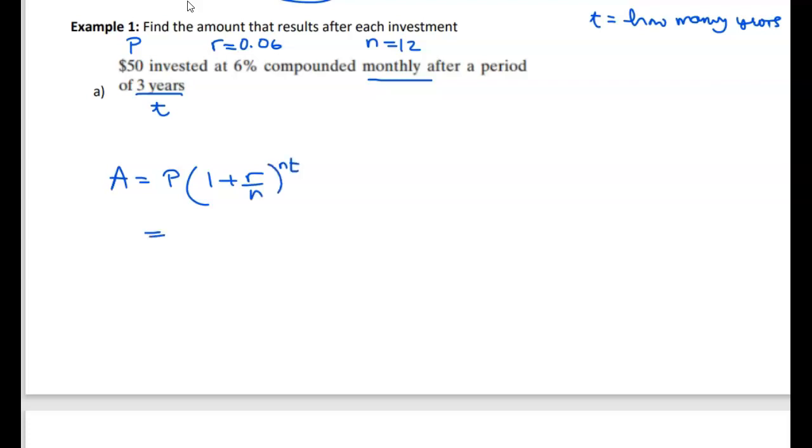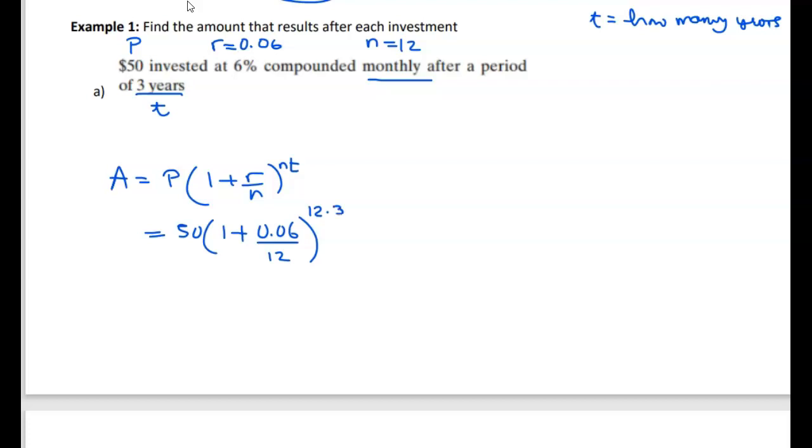We need to figure out the amount after 3 years. We plug in the 50, 1 plus 0.06, that's the rate, over 12, which comes from being compounded monthly, and then NT is 12 times the number of years, which is 3.